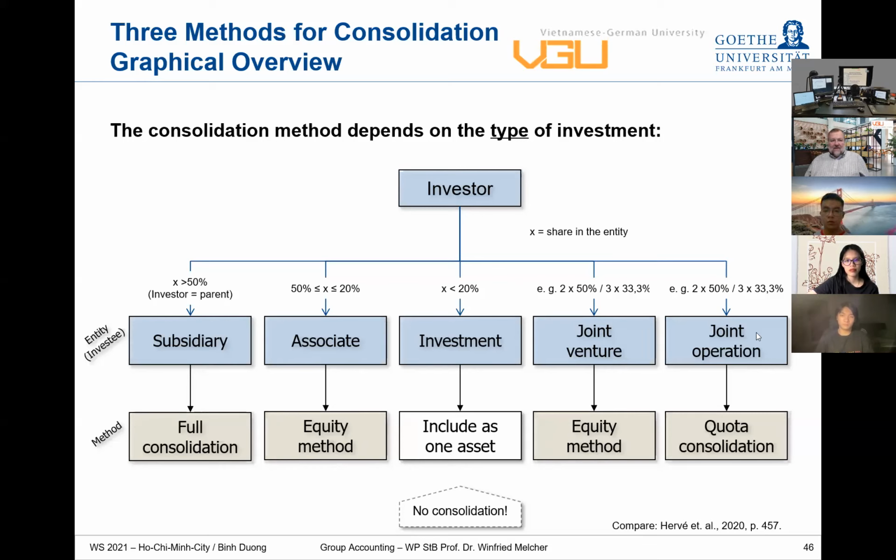If they have access to specific assets like the gas pipeline and the power plant, then we're talking about a joint operation. And then you have to use the quota consolidation. So basically, this is the full consolidation.